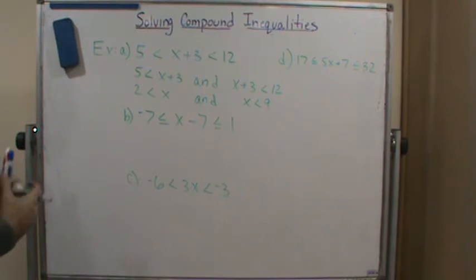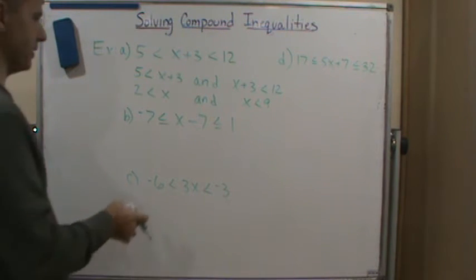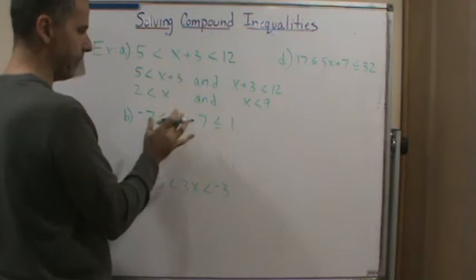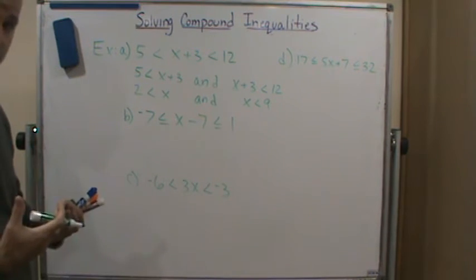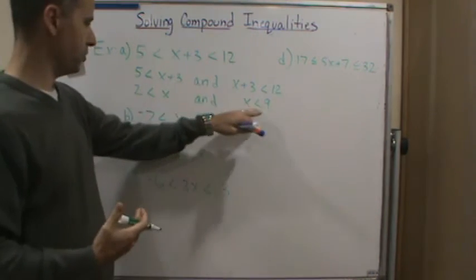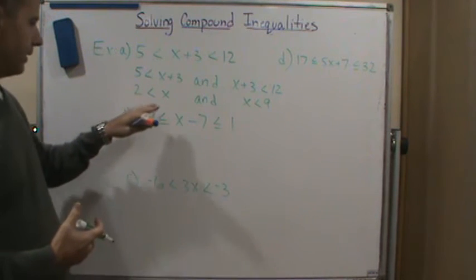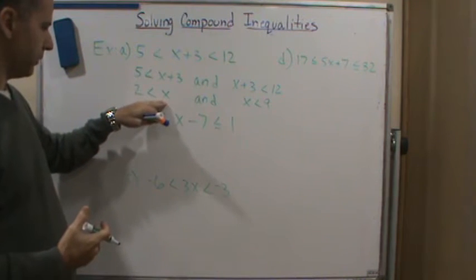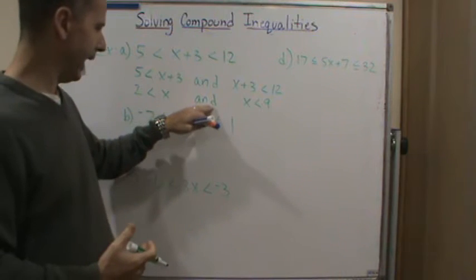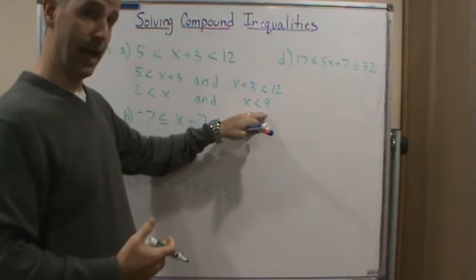So now I'm into step 3. And step 3 says, okay, now let's put these together and find the solution set that's the intersection of these two solution sets. So I want everything that is greater than 2 and less than 9.